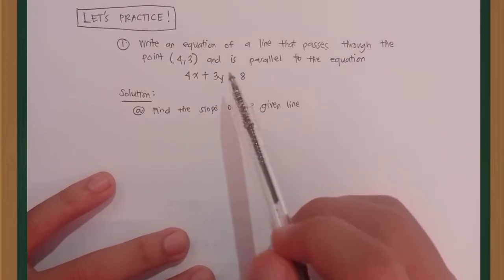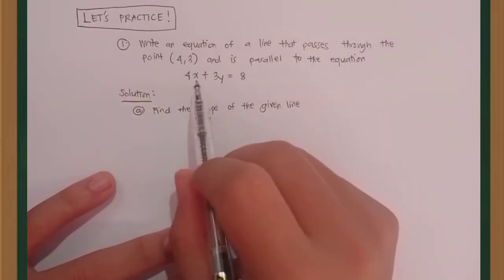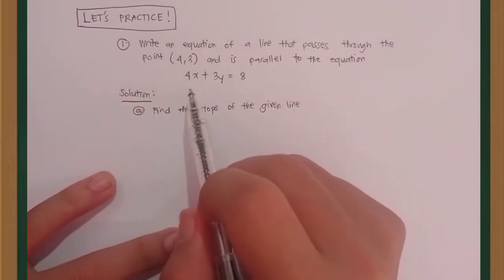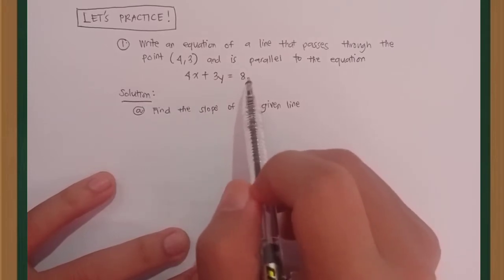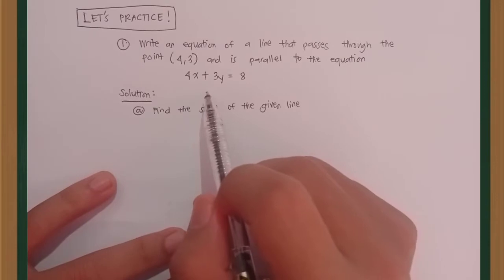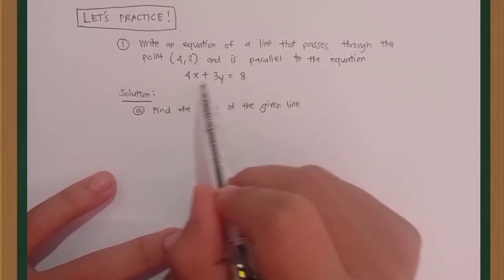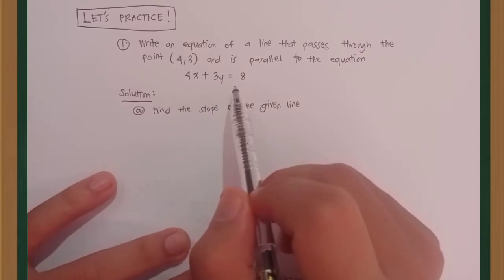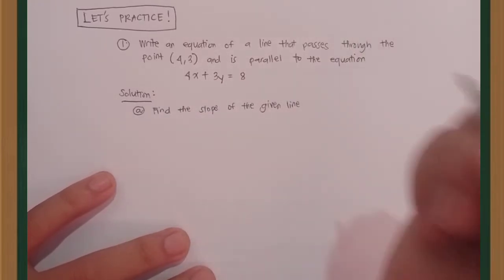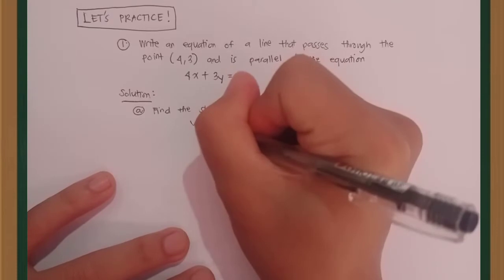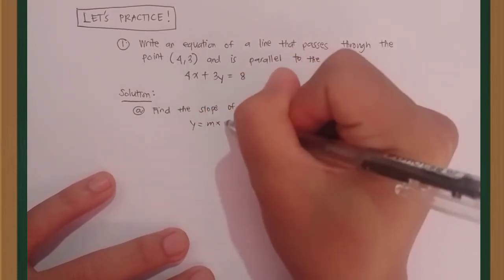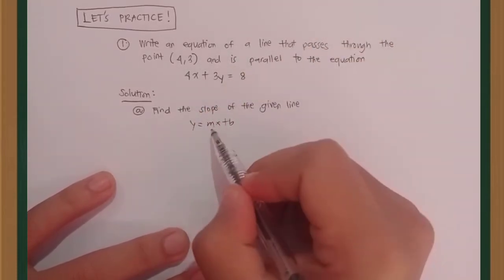There are many ways to find the slope of this line, but I suggest you transform this one into its slope-intercept form. The slope-intercept form is y equals mx plus b, and m here is the slope.